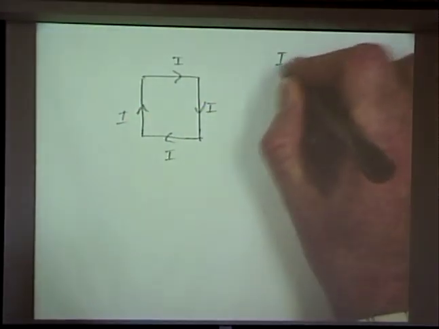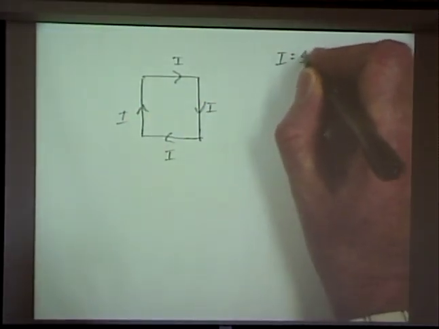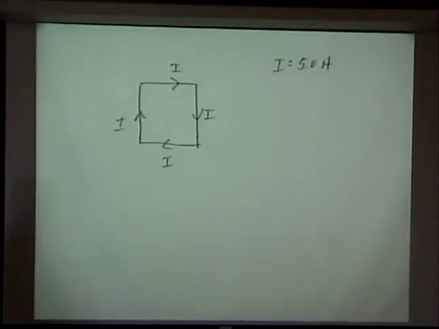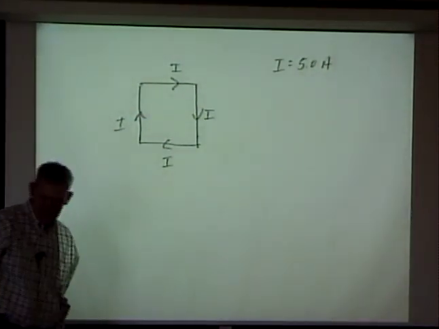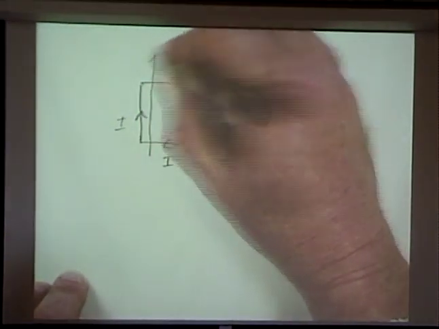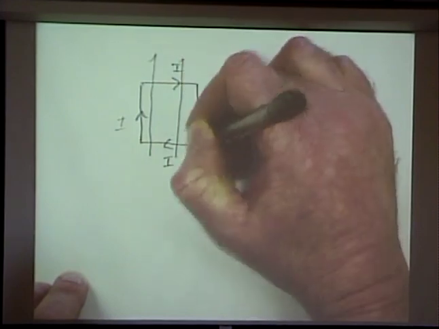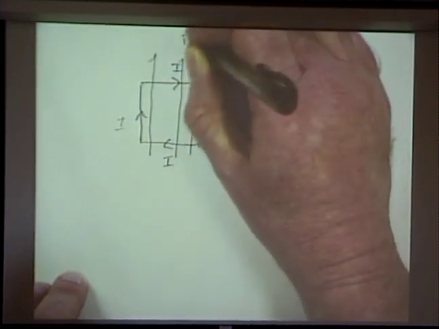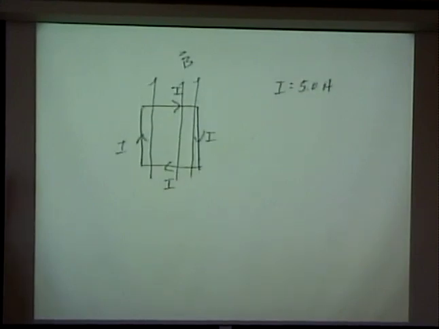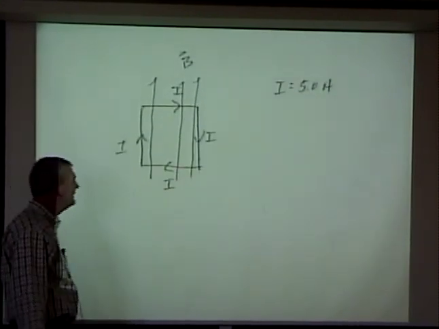Let's say I is equal to 5 amps. And there's a uniform B field. That's what those things are right there.